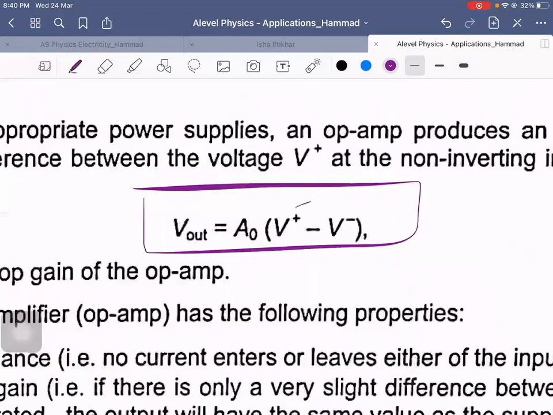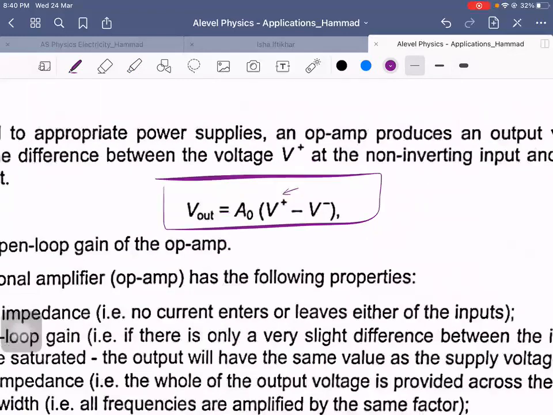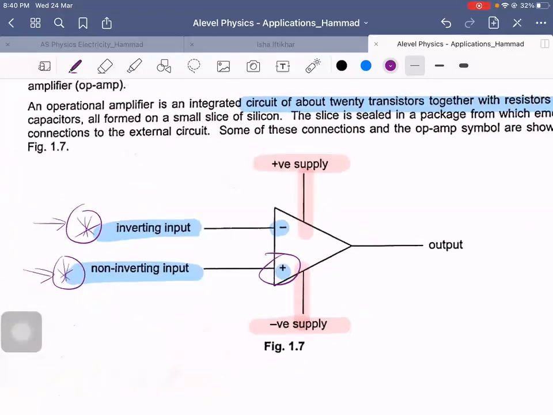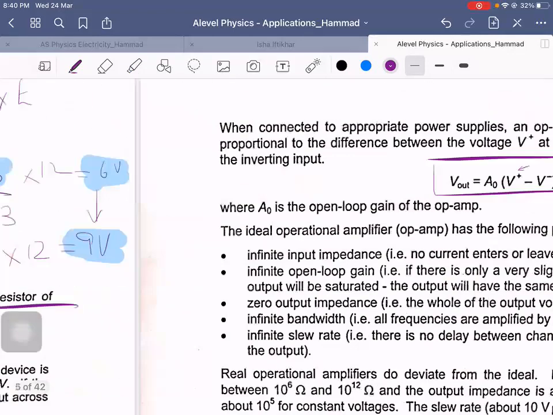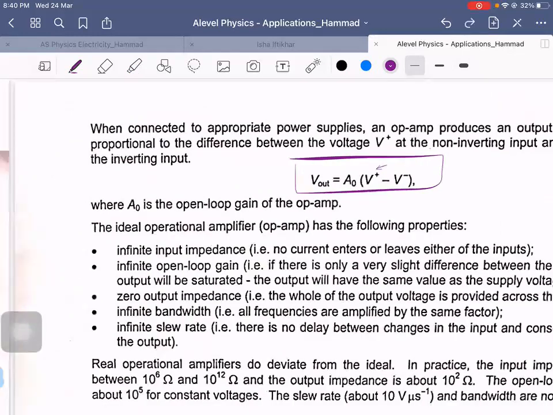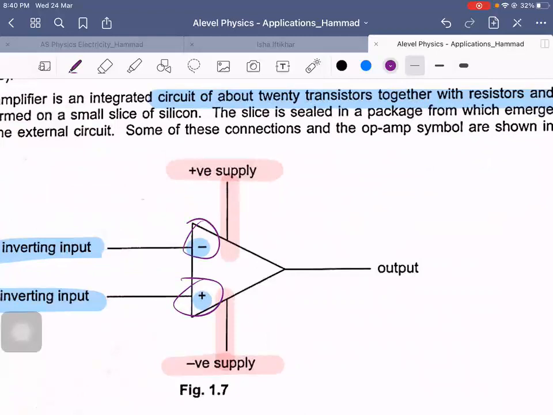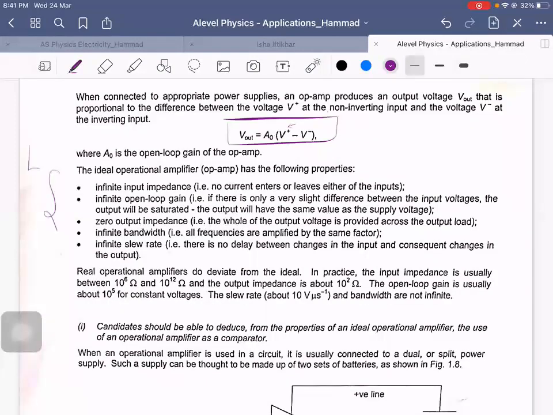V plus is the input at the positive terminal, and V minus is the input at the negative terminal. This is the negative terminal. By the way, you need to learn all of this.